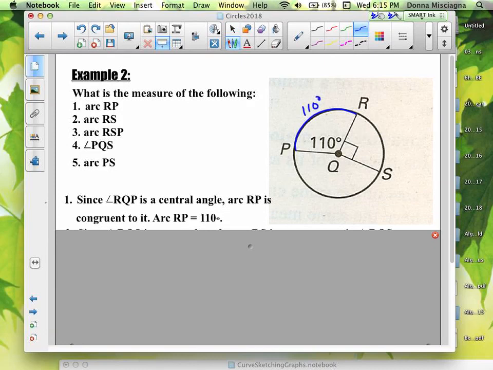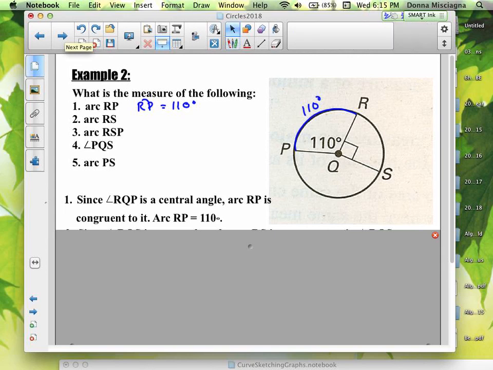So RP is 110 degrees. It's congruent to angle RQP.